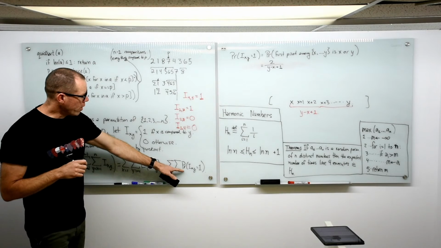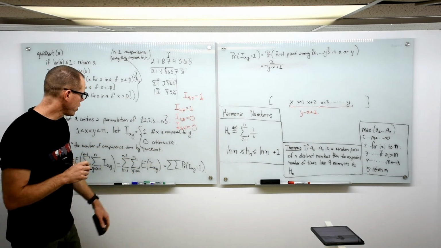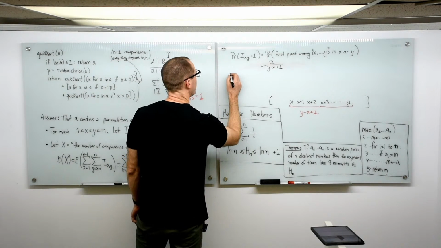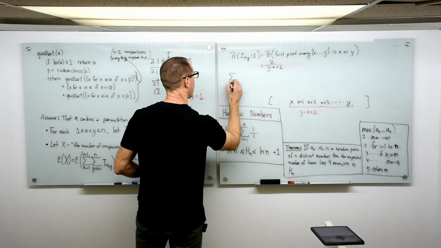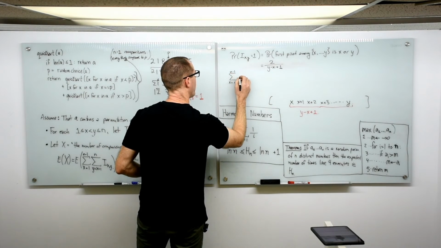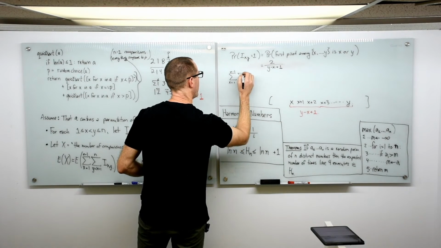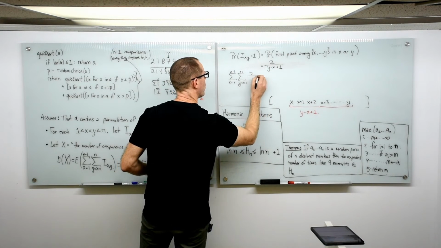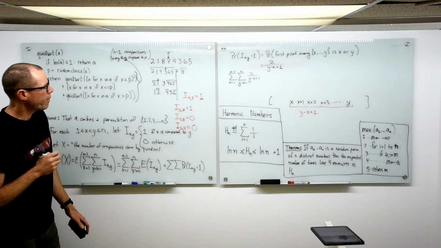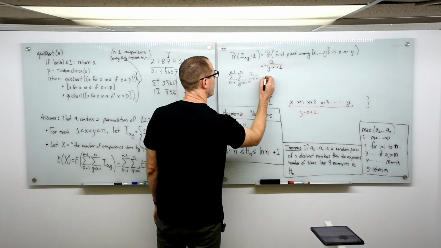All right, so now we know this value, and we can finish up. So now we're looking at the sum, x running from 1 to n minus 1, y running from x plus 1 up to n of 2 over y minus x plus 1. Good.